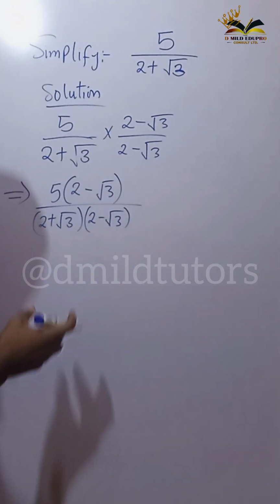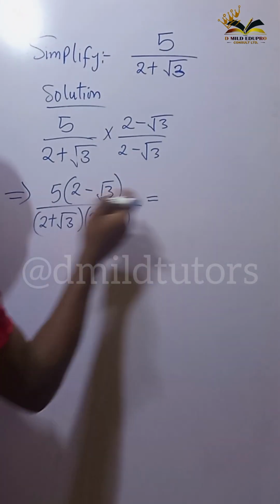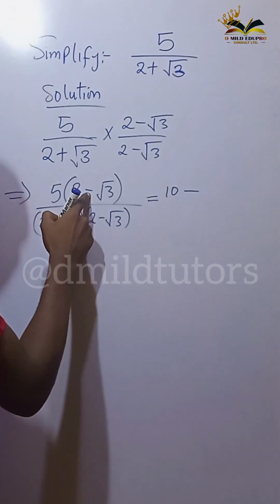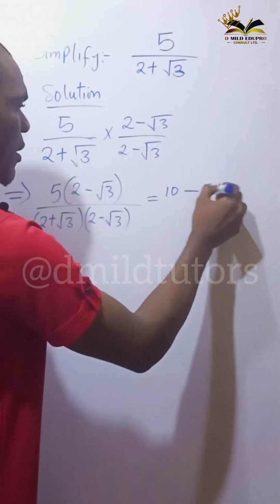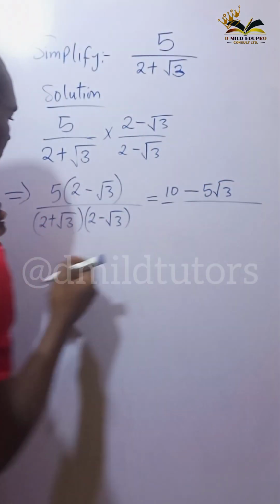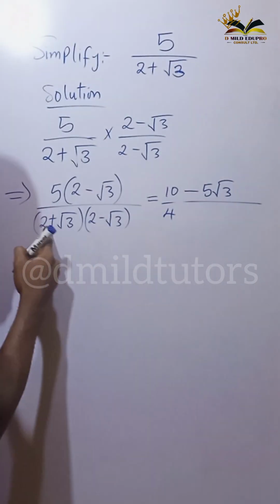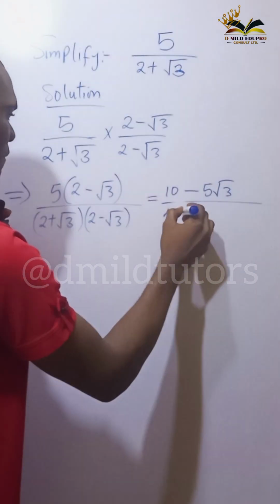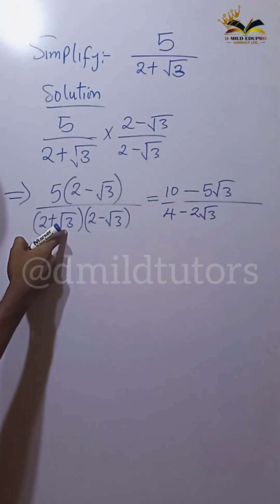Now, the next thing you do is expand the numerator and the denominator. By expansion, 5 times 2, you have 10, minus 5 times root 3, you have 5 root 3. Then divide by, you expand this, 2 times 2, you have 4. 2 times minus root 3, you have minus 2 root 3. We are done with 2, we go to 3.